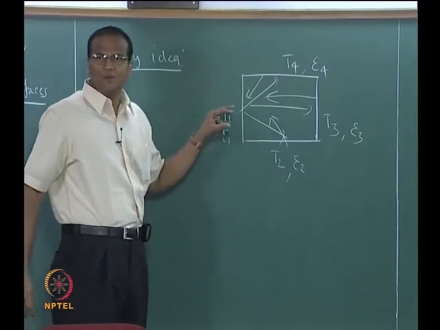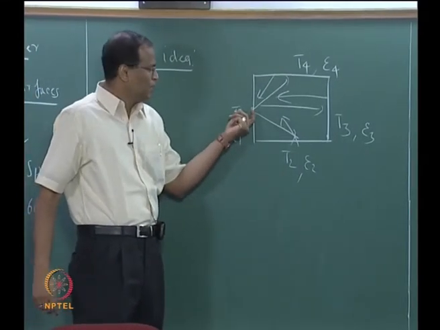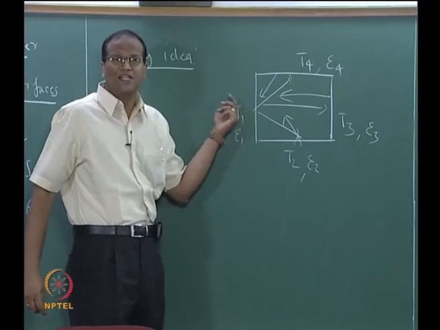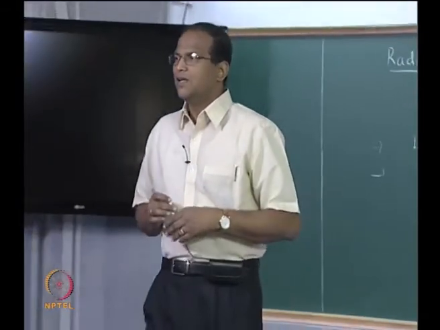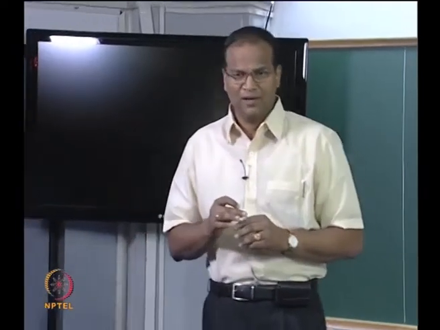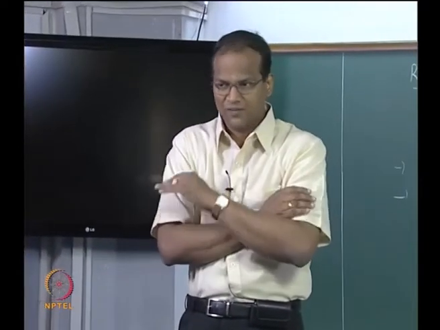The key idea which Professor Sparrow used was, you account for all the radiation which is originating from a surface and all the radiation which is falling on the surface, and what is going out minus what is coming in. This has to be balanced among all the surfaces.